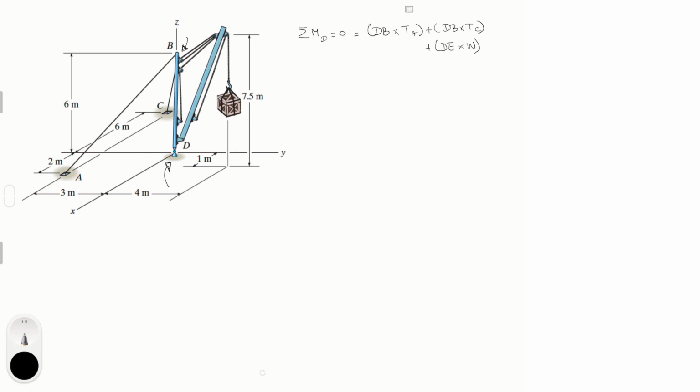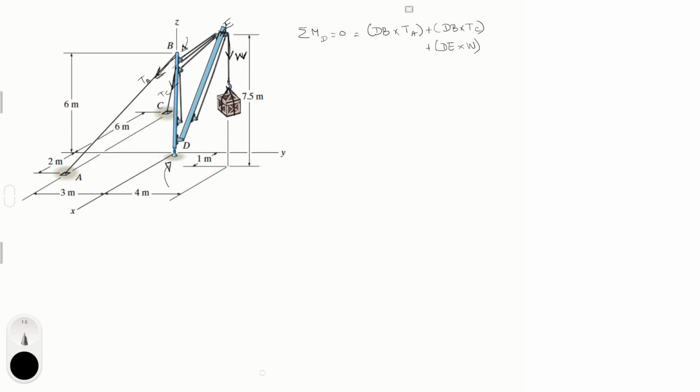So basically I'm calculating the moment created by each of these forces, which are dA and dC, and then the weight. Remember that the weight happens at the point which I am calling E.